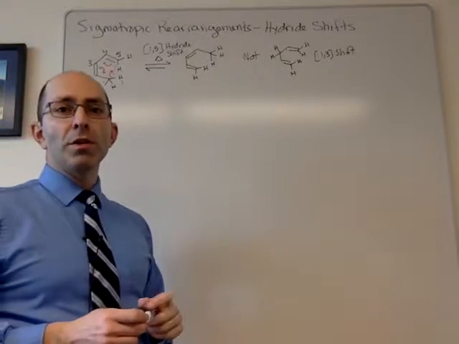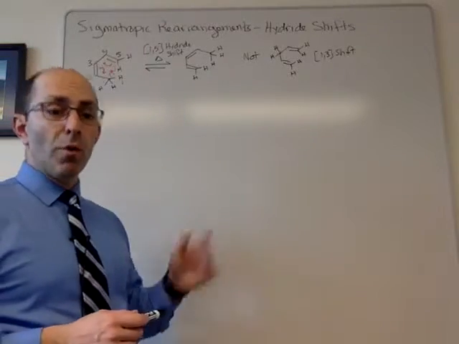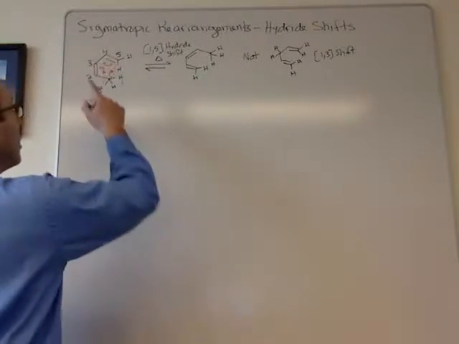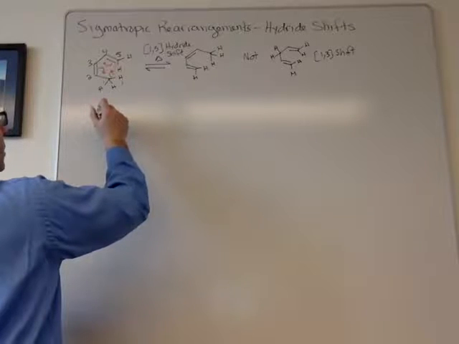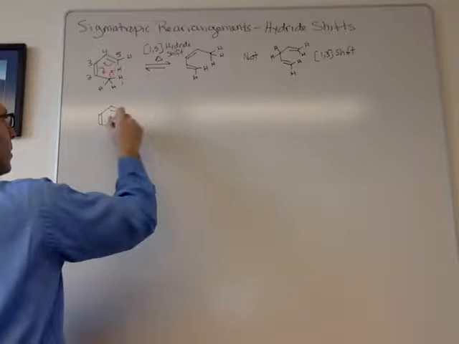The way that we know this is happening is if you deuterate one of these things, you can see deuterium actually move around the molecule, right? So one thing we can do to visualize this is deuterate the methyl group.